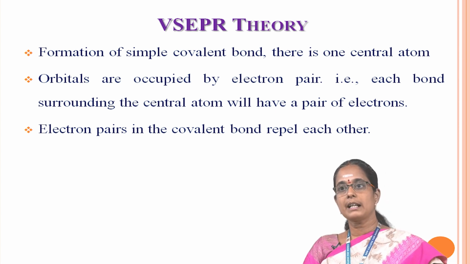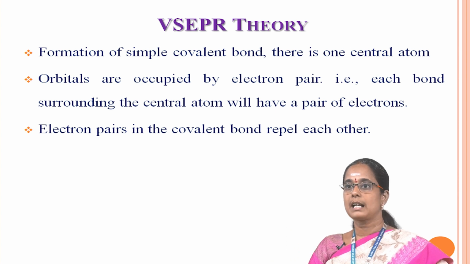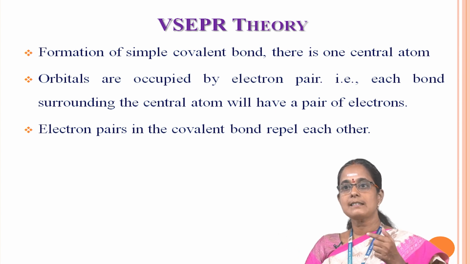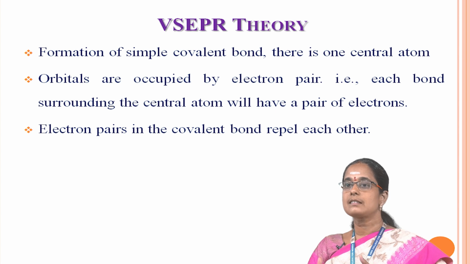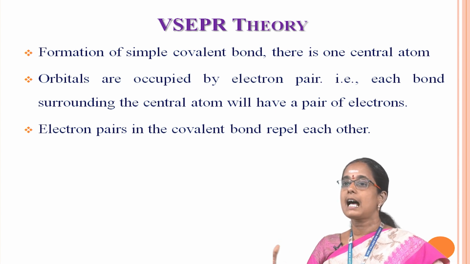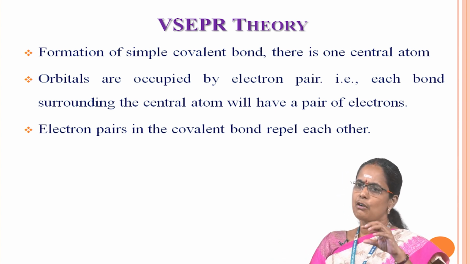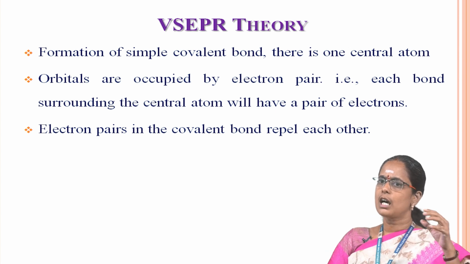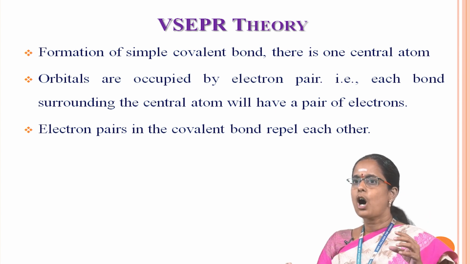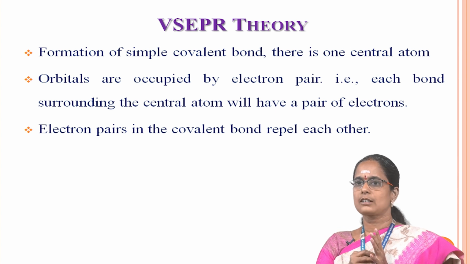In the first point, in the formation of simple covalent molecules, there is one central atom which forms covalent bonds with other atoms. In the formation of a covalent bond, orbitals get occupied by an electron pair.